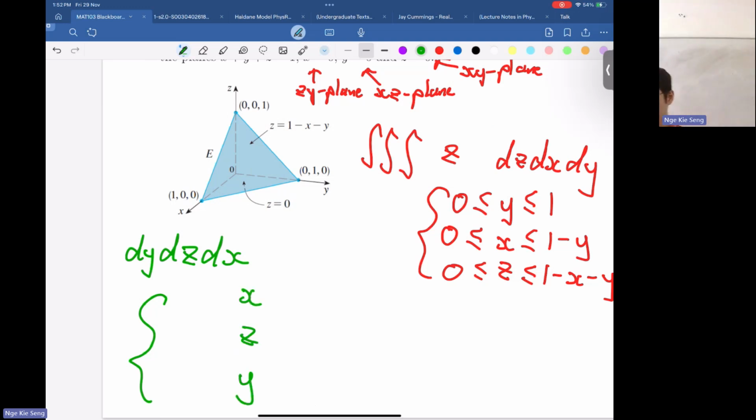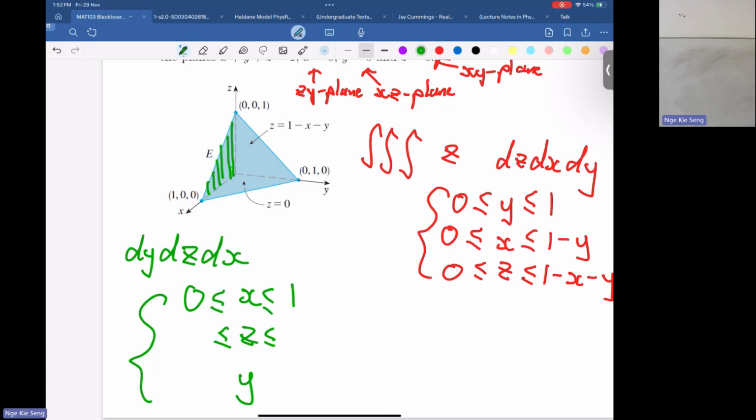Okay, so x should go from where to where? What is the lowest x? What is the largest x? 0 to 1. Okay, so if I fix x, I want to see what's my z. Z is controlled by what in this case? You see, when x equals 1, z is just 1 point. But when x equals 0, z is from 0 to 1.